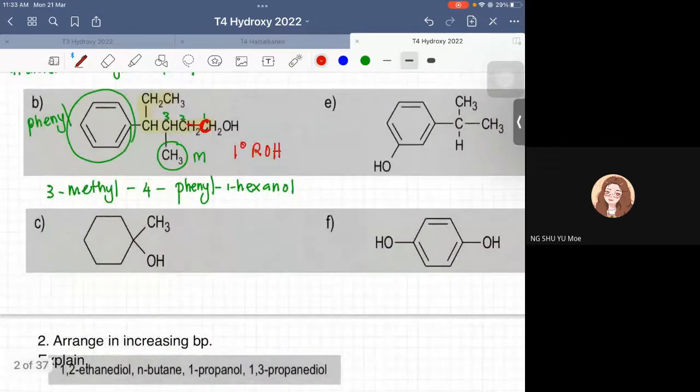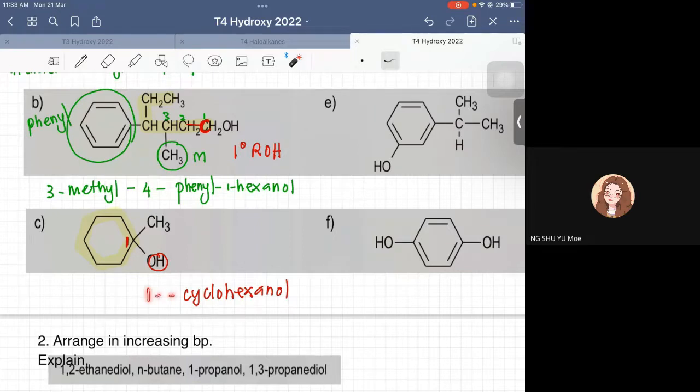Next, this one will be, the ring will be the longest carbon chain. So we call it as cyclohexane. So since dia ada OH, dia adalah cyclohexanol. Automatic, the OH located at this carbon, so the carbon will be carbon number 1. Therefore, no need to put 1 here.